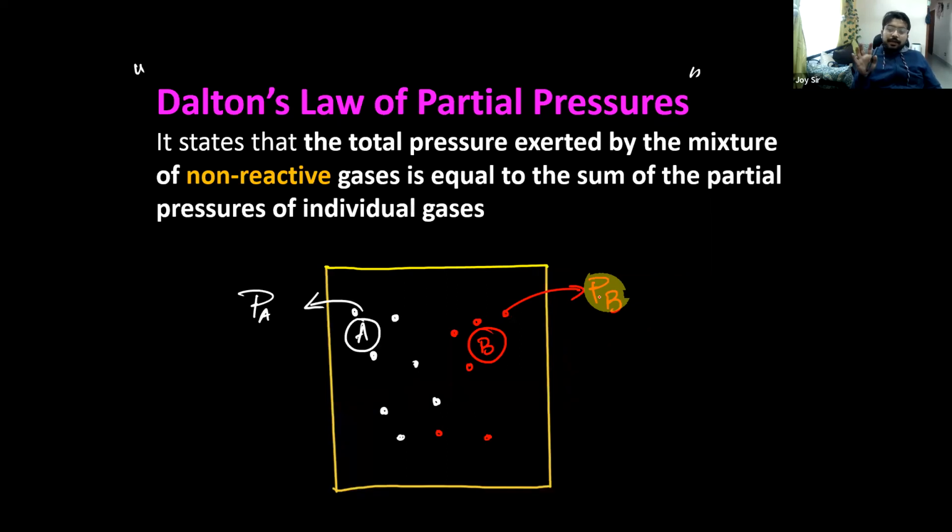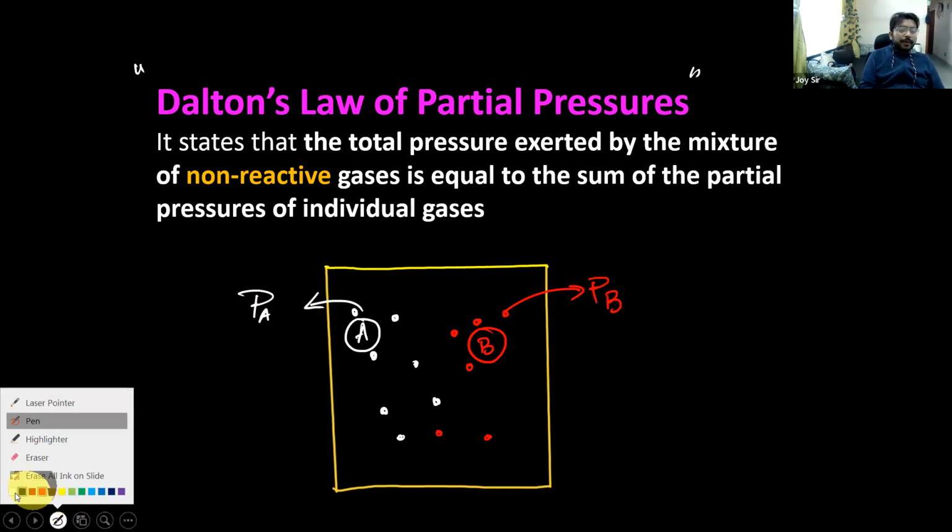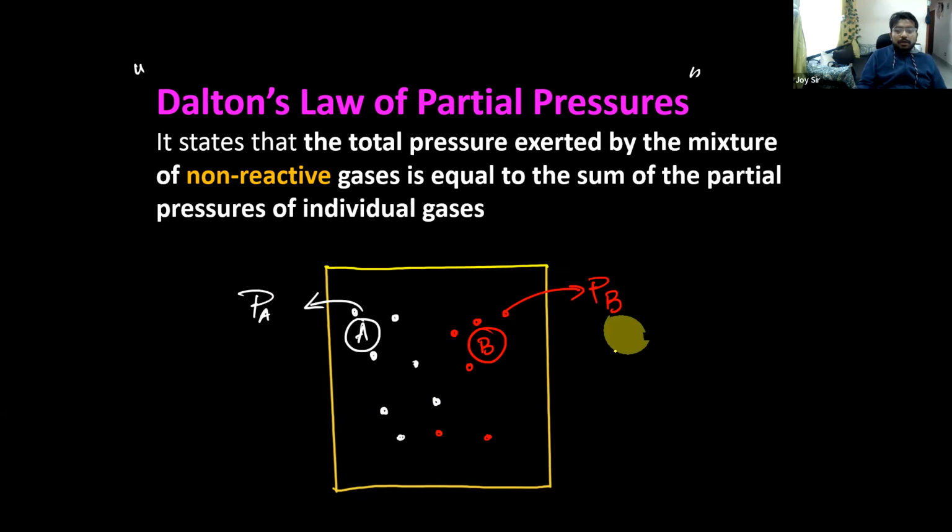Like my two hands, one let me call A, the other B. So pressure exerted by A, pressure exerted by B, when we combine both of them that will give the total pressure. So total pressure of the gas PT is equal to the sum of the individual pressures of the gas.